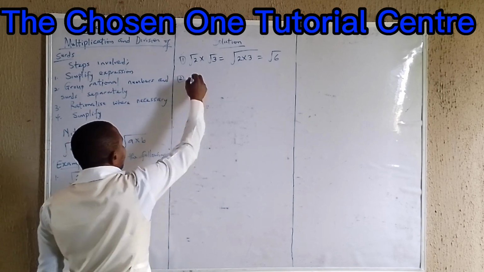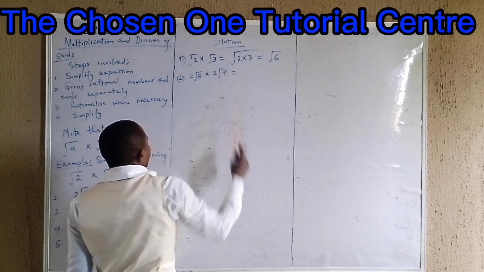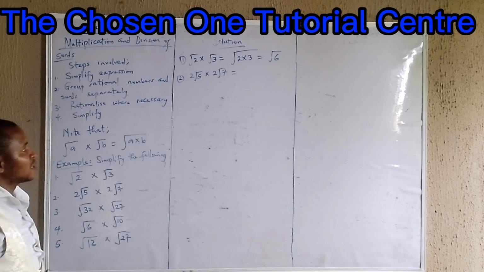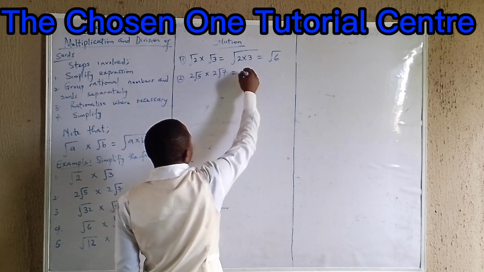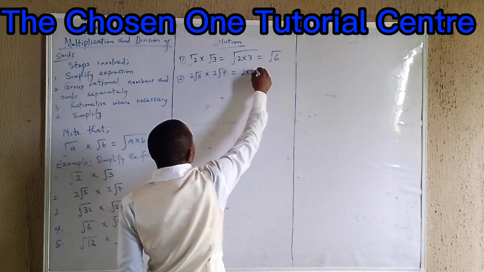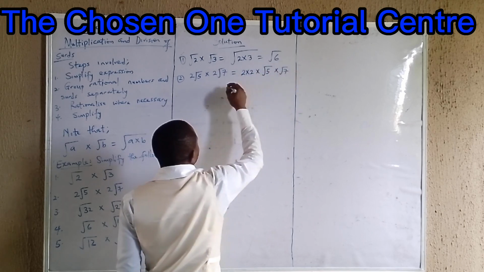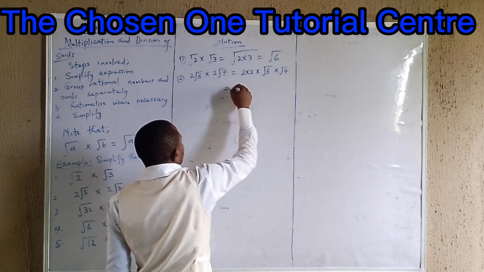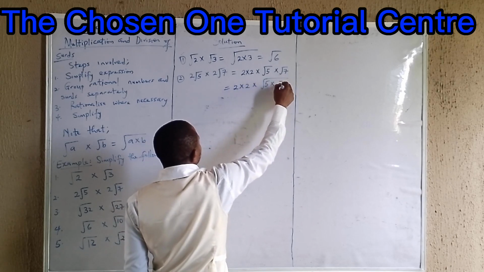Number 2, we have 2 root 5 times 2 root 7. So we are going to multiply rational number by rational number, then we are going to multiply irrational number by irrational number. So we are going to have 2 times 2 times root 5 times root 7.